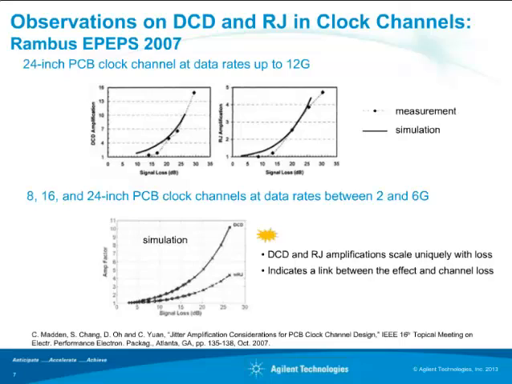This result shows that the DCD and RJ amplification scales uniquely with channel loss, and this strongly indicates a link between amplification and channel dispersion.